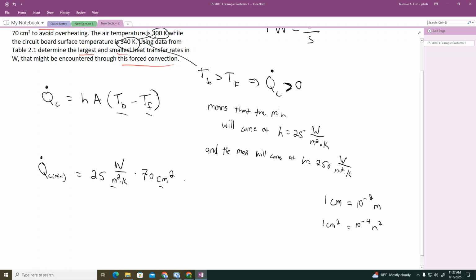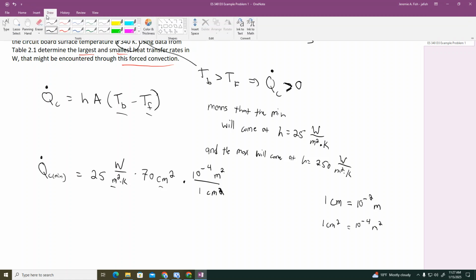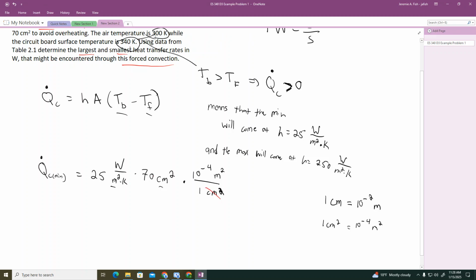So this is going to be multiplied times 10 to the minus 4 square meters per 1 square centimeter, which obviously means we'll get these units canceled out here. And then these units will cancel out, which is going to be nice.